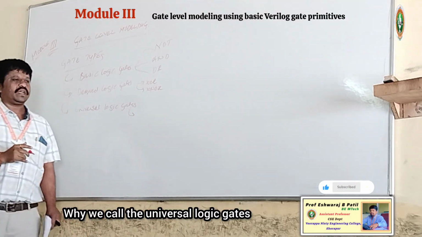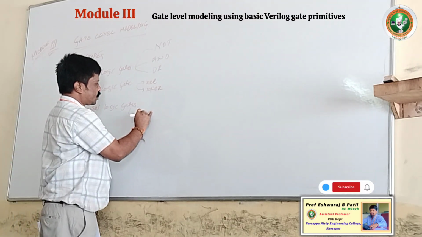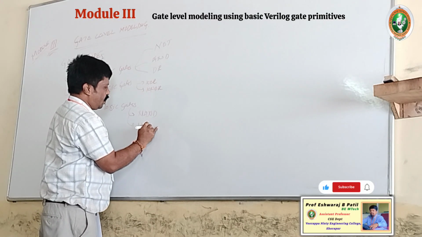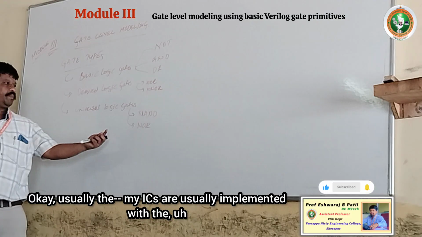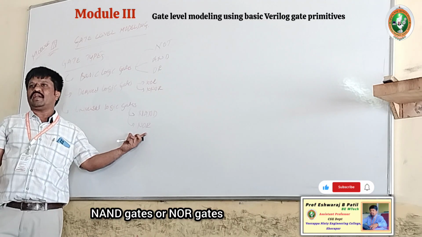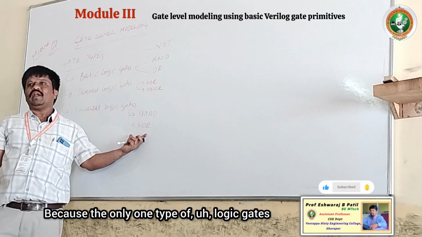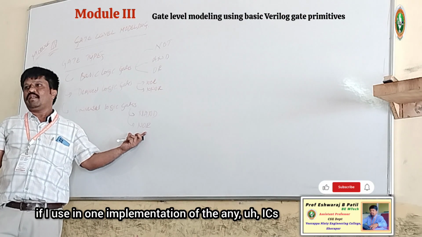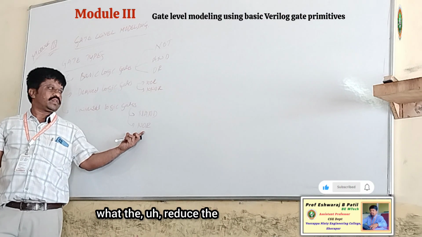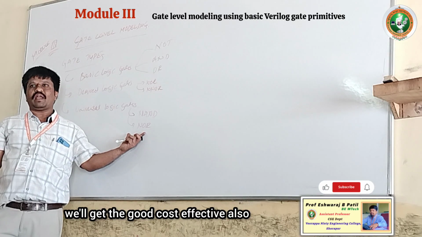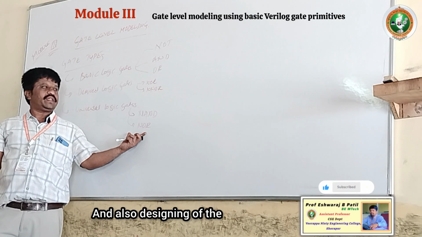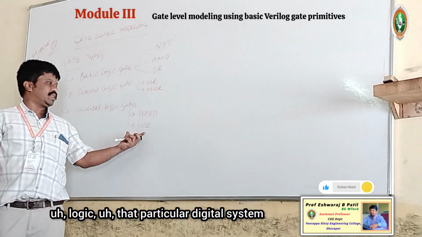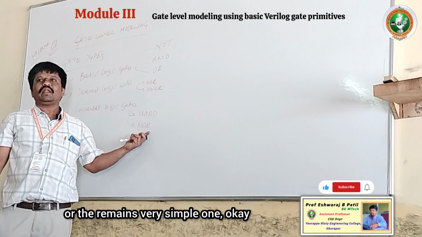Why do we call them universal logic gates? These are the NAND gate and the NOR gate. Usually ICs are implemented with NAND gates or NOR gates. You should remember, if only one type of logic gate is used while implementing any IC, we get a cost-effective result, and the design of that particular digital system in the IC remains very simple.